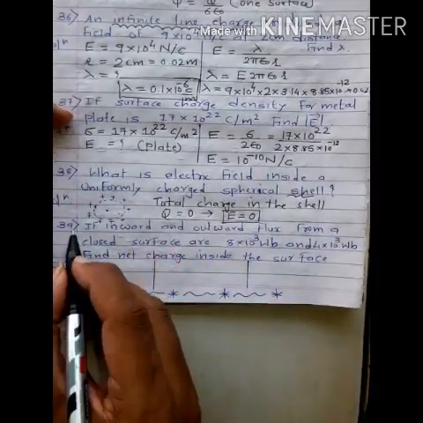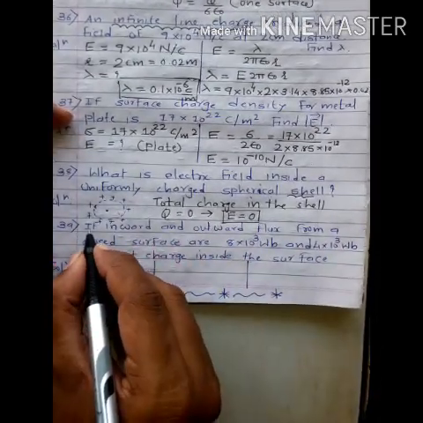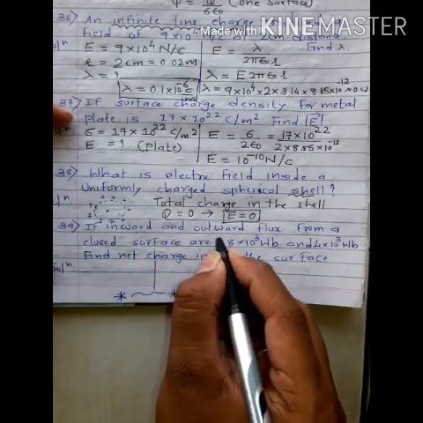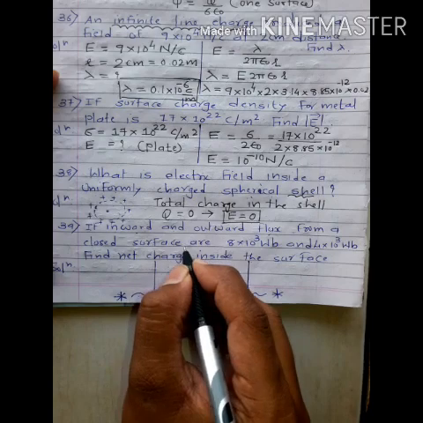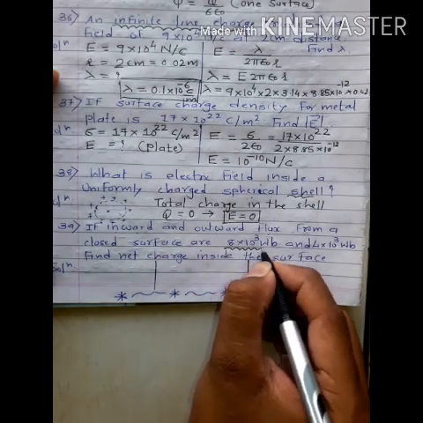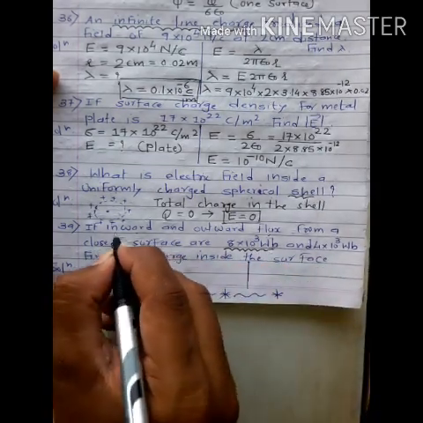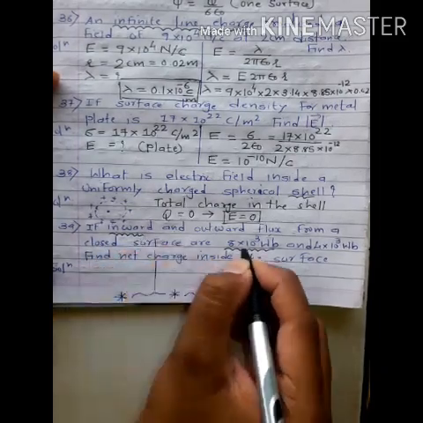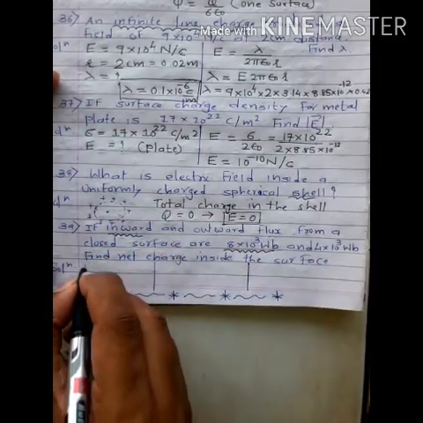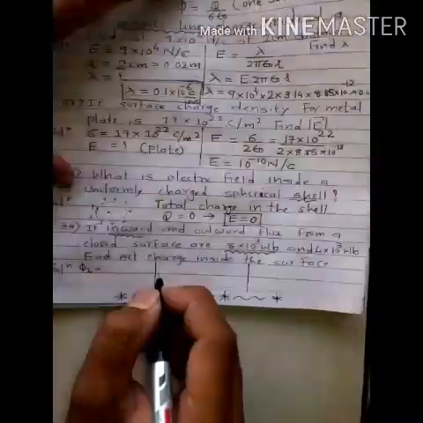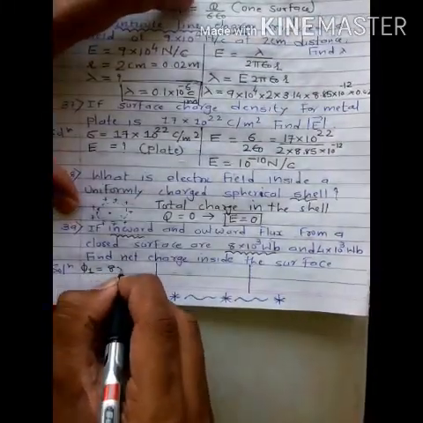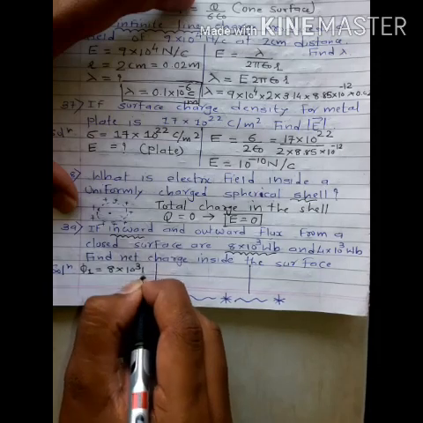Last MCQ, MCQ number 39. If inward and outward flux from a closed surface are 8 into 10 raised to 3 Weber, the first flux, that is inward flux, so phi1 is equals to, first flux is given 8 into 10 raised to 3 Weber.